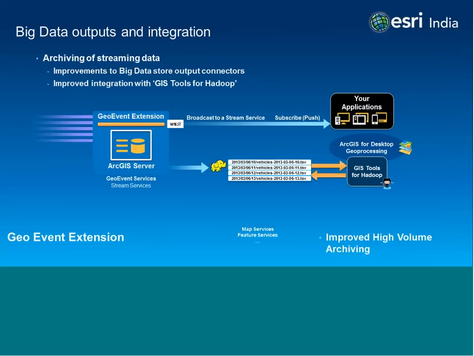Then we have also tried to integrate with tools, especially for Hadoop, the big datasets and the outputs which are coming from Hadoop datasets. You can directly integrate it with them using the Geo Event extension. You can attach it to your server and then send those alerts to your applications.